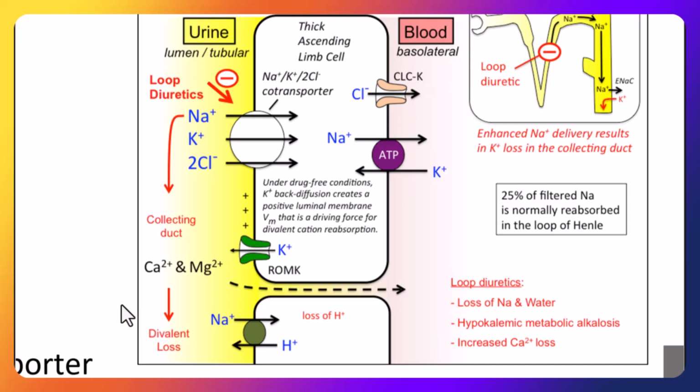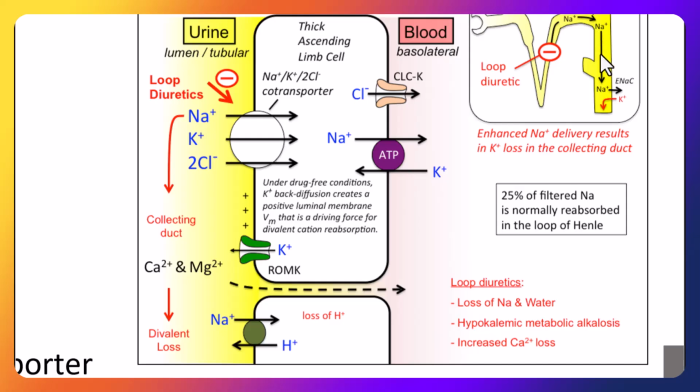Then, as the body tries to compensate for this excess loss of, in particular, sodium, later on in the distal tubules it starts to say, okay, well, why are we losing so much sodium? I mean, it didn't get the memo about the loop diuretic and the purpose of the person being on it. So it says, okay, let's try and take some sodium back at this level instead.